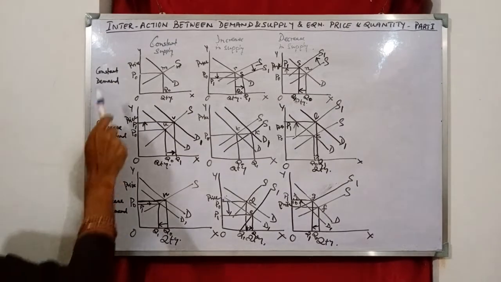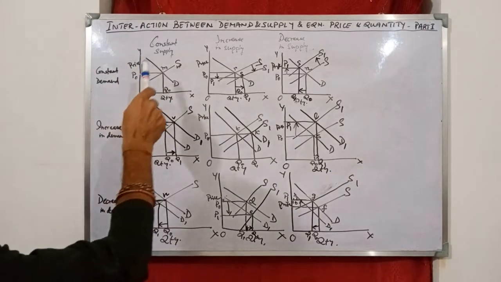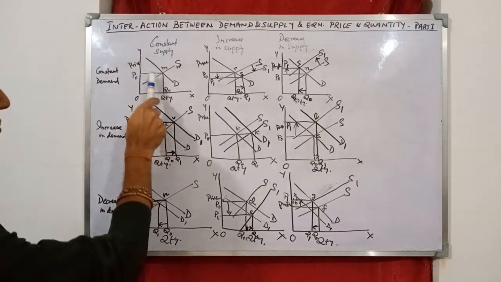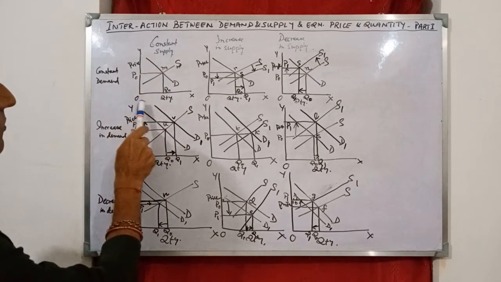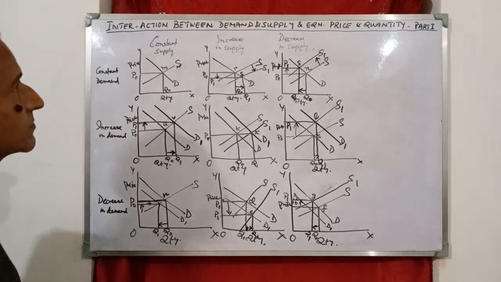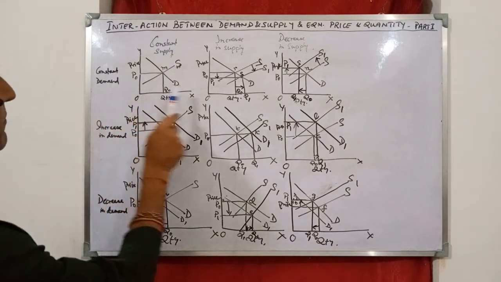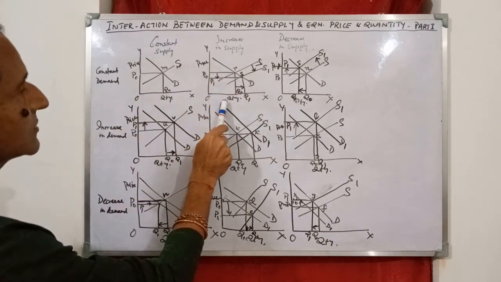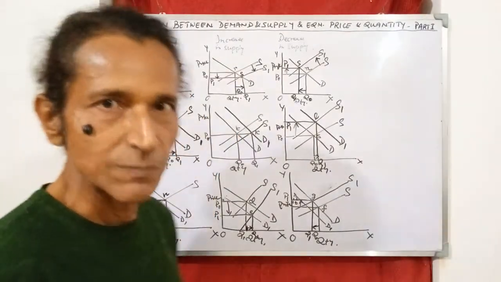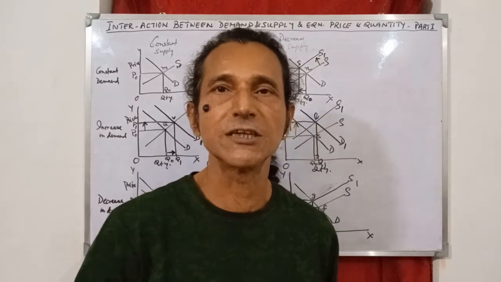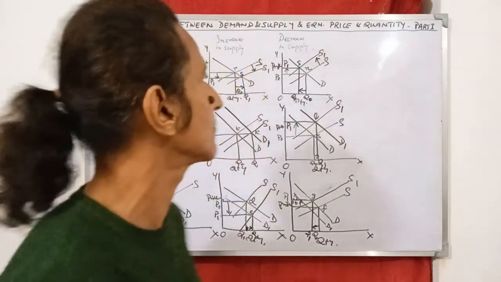Here we have taken constant demand, constant supply, so there is no change in demand curve and supply curve. Equilibrium price is P sub O and equilibrium quantity is Q sub O. Here constant demand and increase in supply, so there is no change in demand curve, but the supply is increasing, so the supply curve is shifting parallelly rightward.